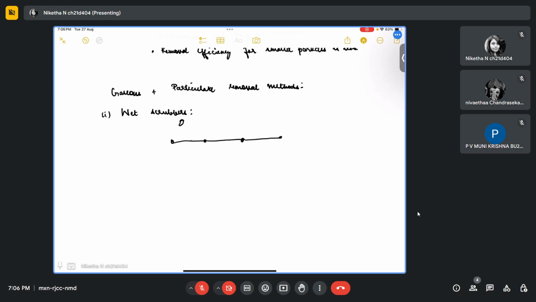and you spray some water droplets on top. What happens is the water droplet will attract the particle, and together the water droplet and the particle will settle down and be collected at the bottom.